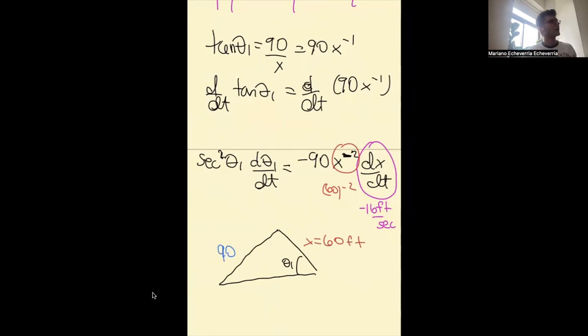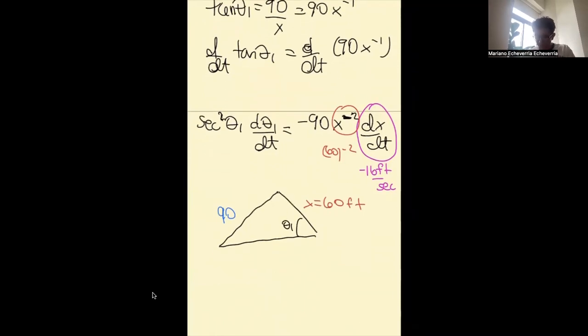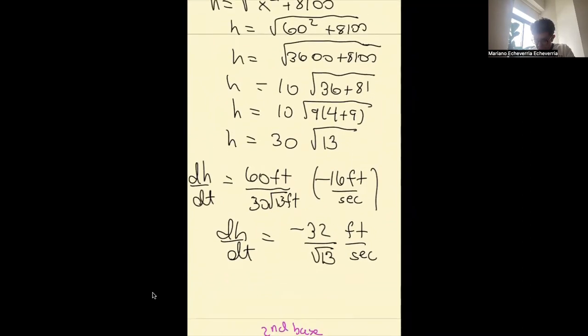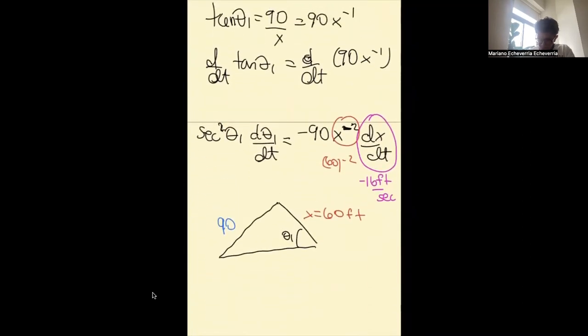So secant is 1 over cosine. So really what you need is cosine of theta 1. And we had said that the hypotenuse was 30 root of 13 in this case.